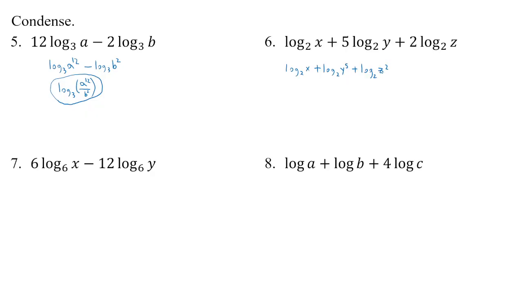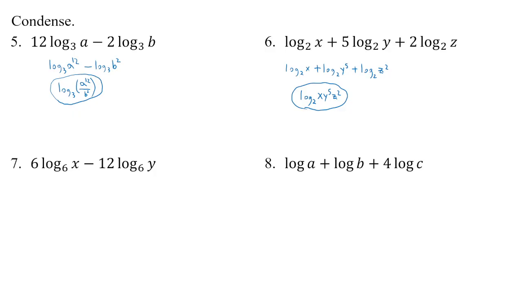This is a sum of logs, so we're going to write this as one log by applying property 1. Therefore, this will be log base 2 of x y to the 5th z squared. And this is your solution.